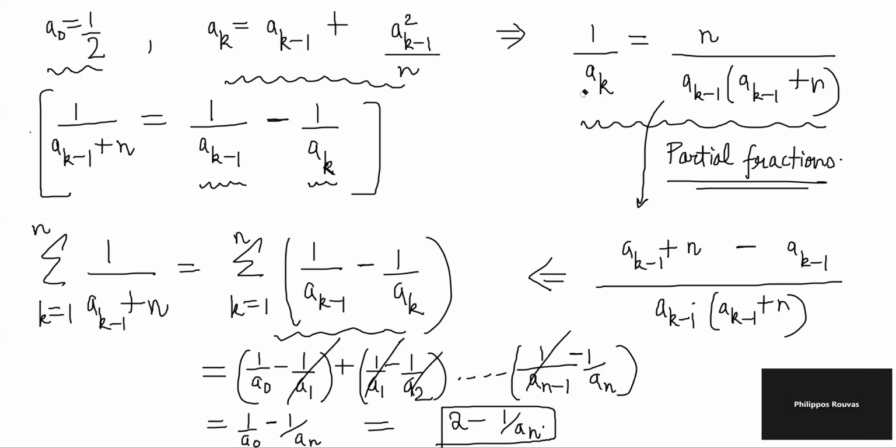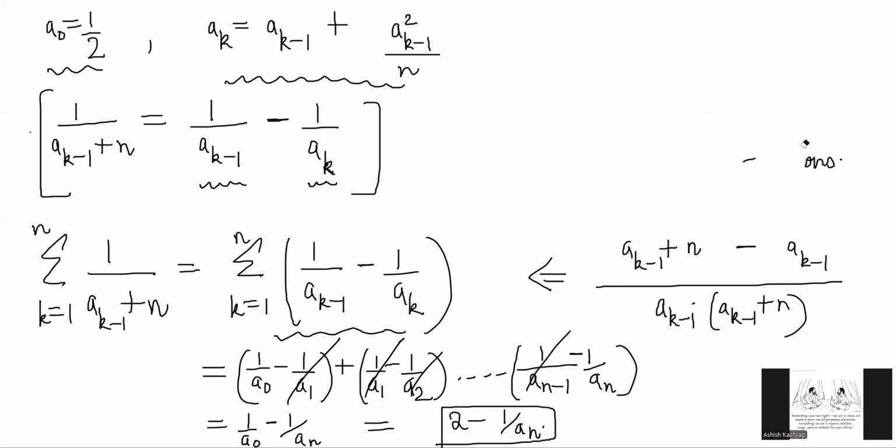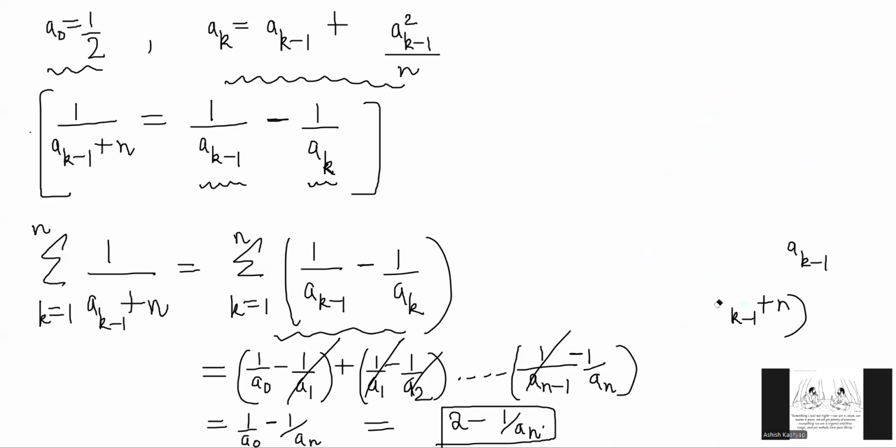Right. So basically, what we have achieved so far is that by reworking the condition given in the problem, we rearranged it in such a way that we were able to write it like this. Then we took a summation over the subscript k and we have gotten this.